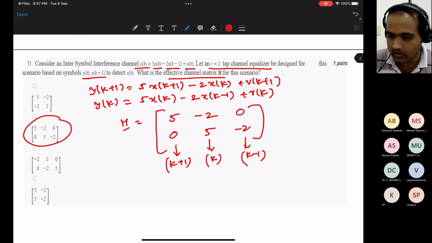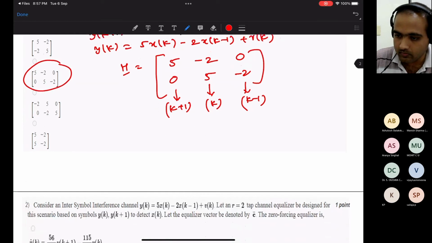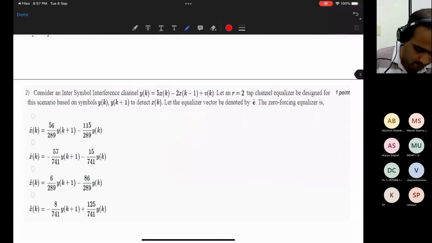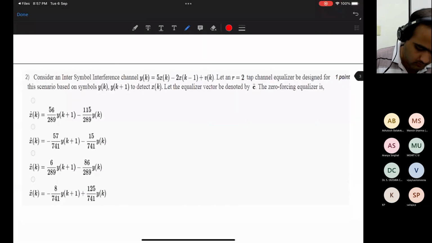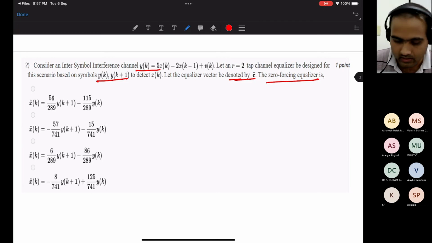If anyone has any doubt, can just ask. No. Again, this is the same question as the previous one, and we need to compute the zero forcing equalizer, and again we have 2 taps, yk and yk plus 1.